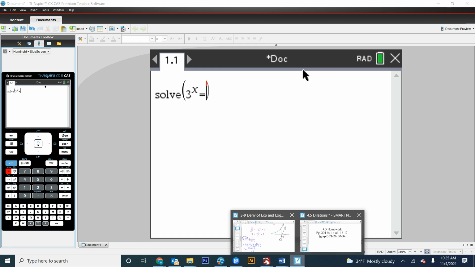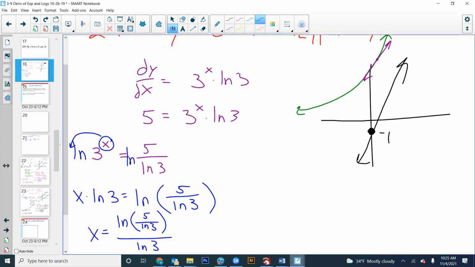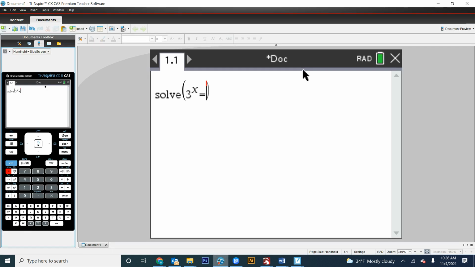Oh, 5 equals 3 to the x ln 3, right? This is the point where we set the derivative equal to 5. That's what we want to solve. 5 equals 3 to the x ln 3.